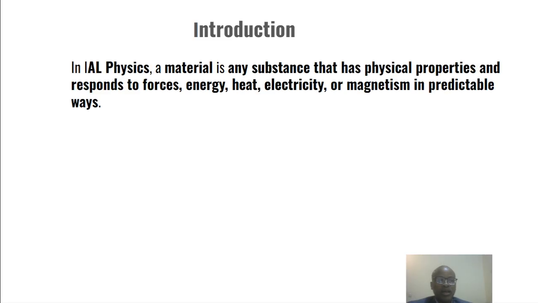So I go forward in my introduction of what materials are. In IAL physics, a material is any substance that has physical properties. By physical properties, we mean properties like how strong the material is, how flexible, how stiff, or how brittle it is, and how the material responds to different forces, energy, or heat.